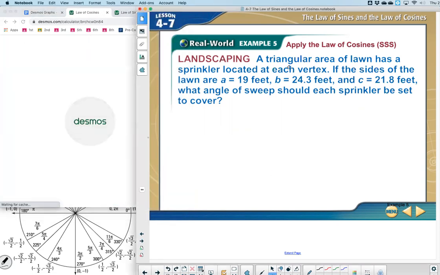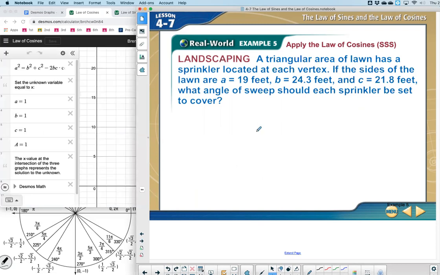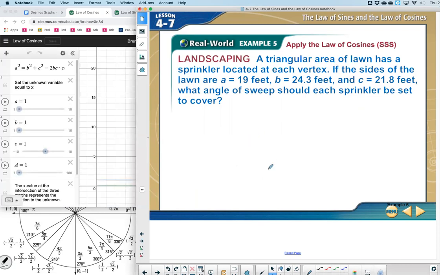Here's the problem. A triangular area of lawn has sprinkler located at each vertex. If the sides of the lawn are 19, 24.3, and 21.8, what angle of sweep should each sprinkler be set to cover? So here we go. We have some type of yard, and they don't tell us anything. So I'm just going to draw a random little triangle there. Really what they point out is that the shortest side is 19 feet.